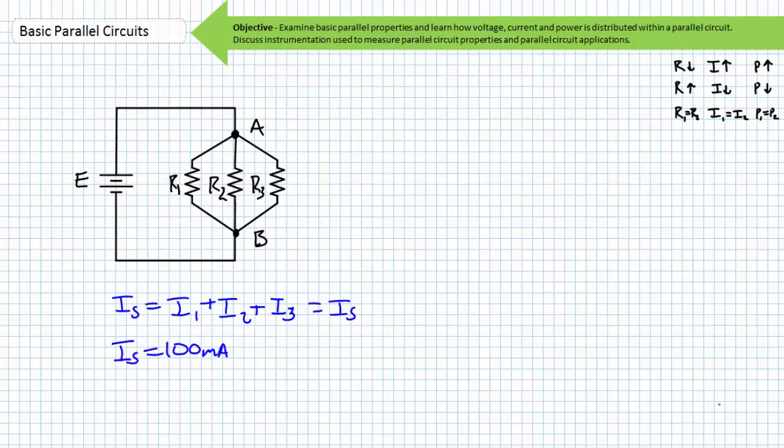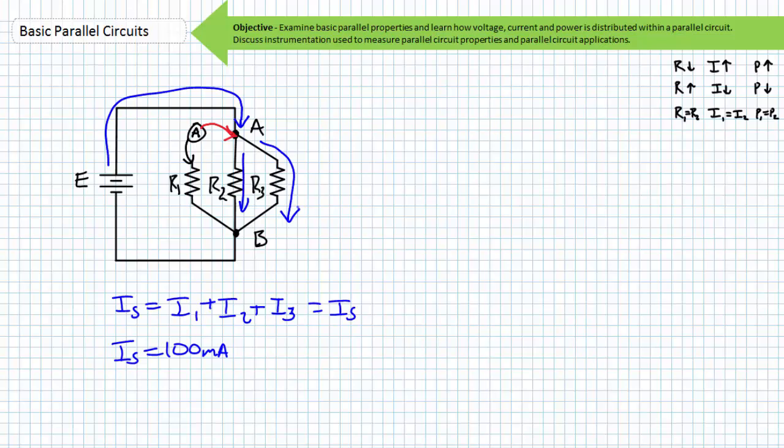We'll return our parallel circuit to its original configuration and use an ammeter to measure the current through resistor 1 and resistor 1 only. This again necessitates turning off the power supply, breaking the circuit at our chosen point of insertion, inserting the ammeter in series with resistor 1. As source current flows from our source and enters node A, the current bound for resistor 2 and 3 continues on its merry way.